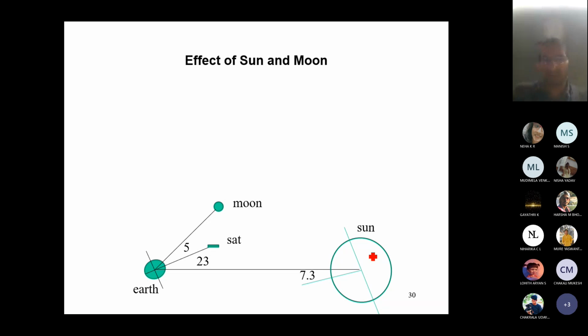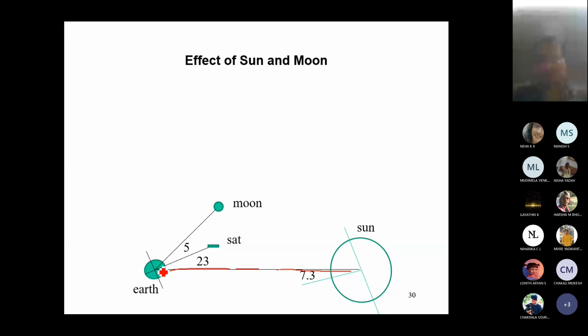So if you consider this particular straight line, it represents the orbital plane of the Earth. That means the Earth is rotating on this orbit.